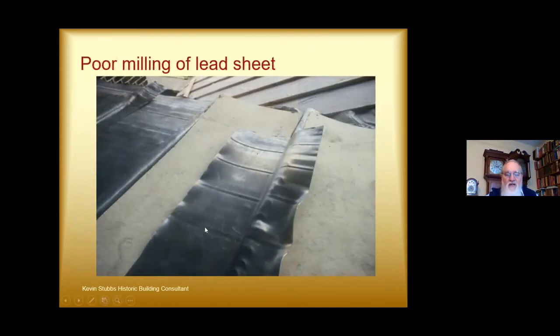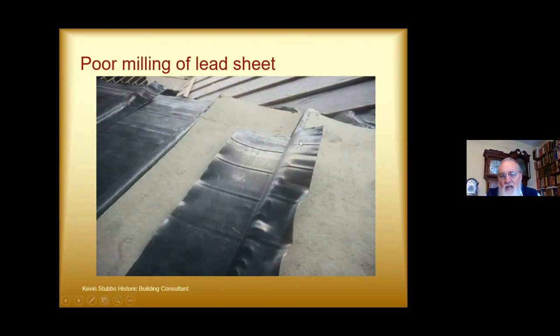The other thing to note is the quality of the lead. On one occasion, I came across this situation where this milled lead sheet had gone through the milling process, and it hadn't been correctly controlled.